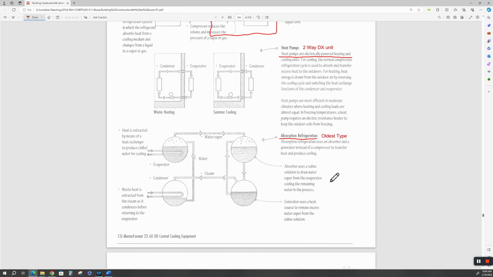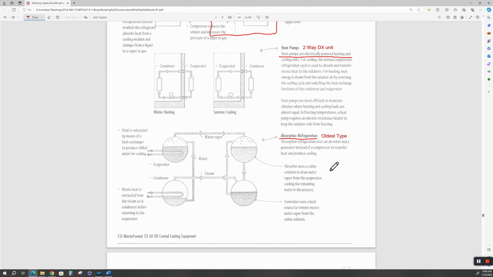But if you ever wondered how they got those giant blocks of ice to deliver on the ice wagons before we had electric refrigeration and electric refrigerators, we just had ice boxes. That's how they did it.